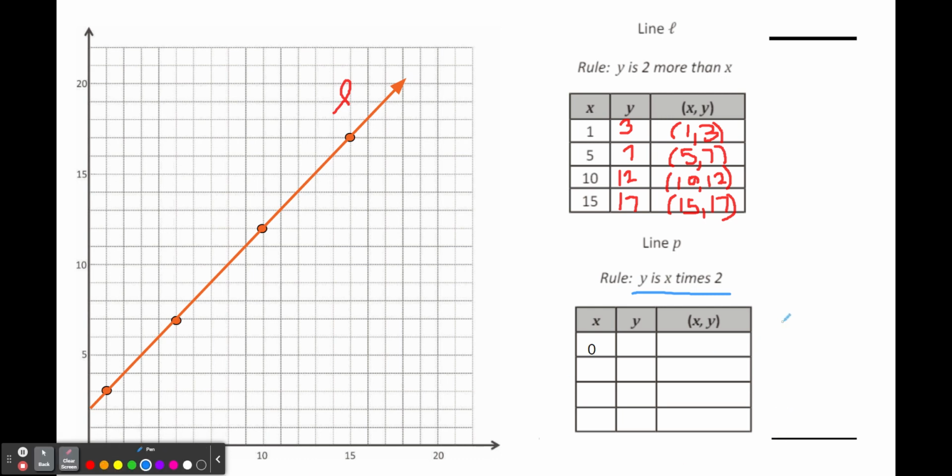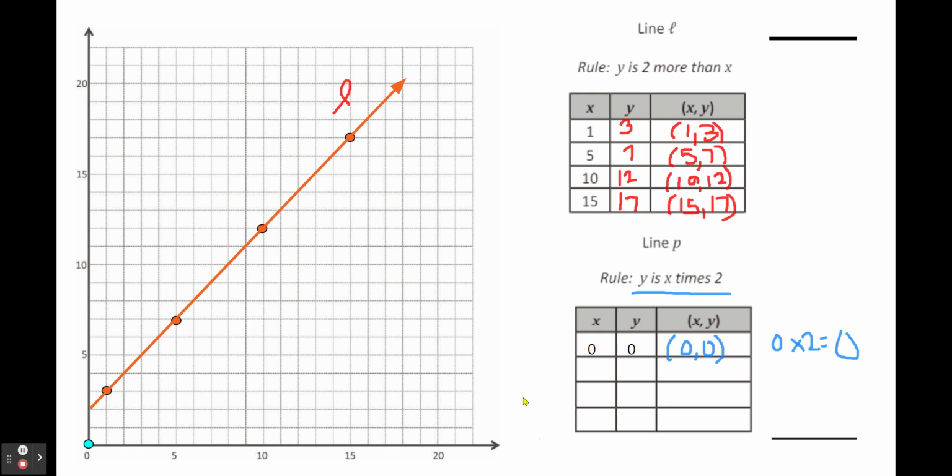If I take 0 and I multiply it by 2, that's going to give me 0. So my y value is 0. So let's plot that on our coordinate plane. So we're going to have an x value of 0 and a y value of 0. So the location of this point is going to be 0, 0, which is right there.